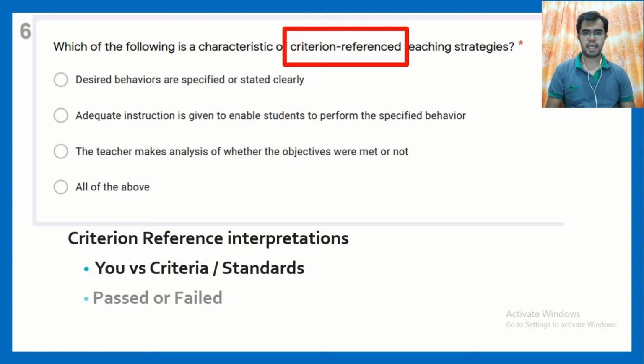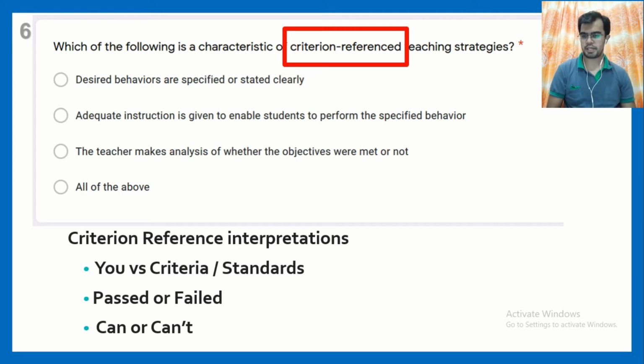It is simply pass or fail, or can or can't. If you pass the criteria, meaning you can do the performance, or if you can't do the performance, meaning you fail the criteria or standards. Now, to answer the question, we have to read each option to see if each characteristic refers to criterion reference teaching strategies.